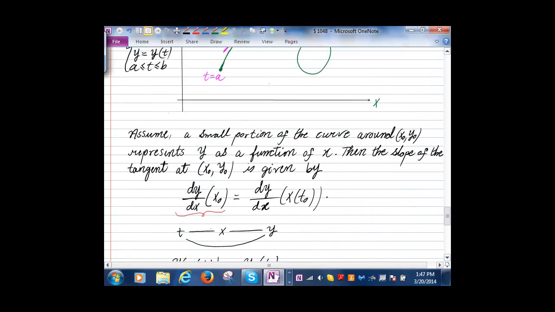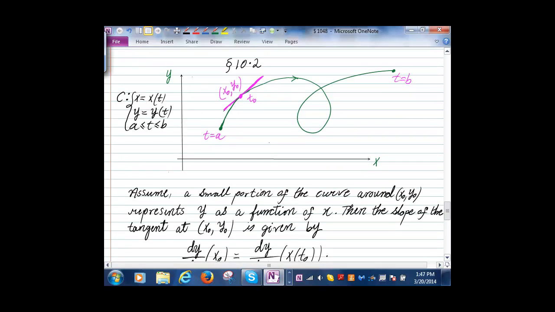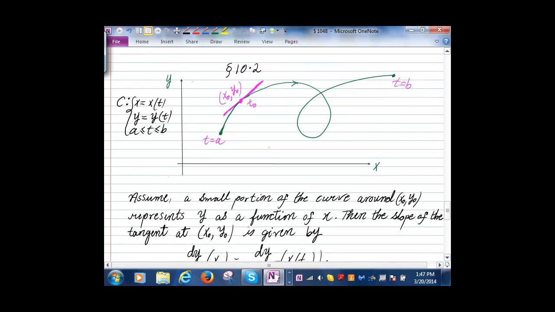So let me just recap for a second. We have a curve. X is x of t, y is y of t. I have the point x0, y0, and I'm assuming that x0, y0 is traced at the time t is t0. Okay, and I want to know what's the slope of the tangent at that point.